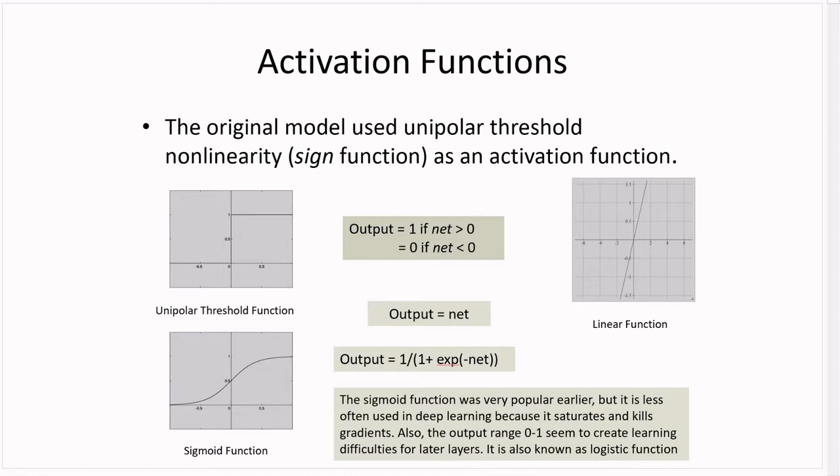Also, the output range 0 to 1 seems to create issues in terms of learning if you have many layers in your network. Another name for the sigmoid function, which we should all remember, is the logistic function, and we have covered that in our earlier lectures.